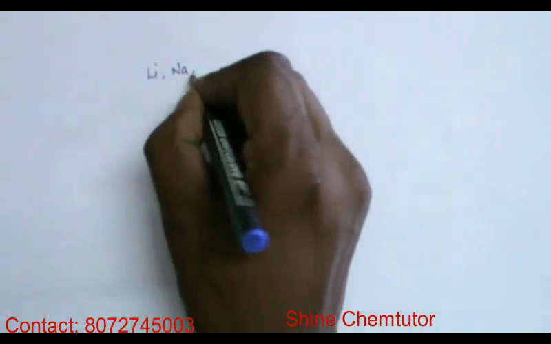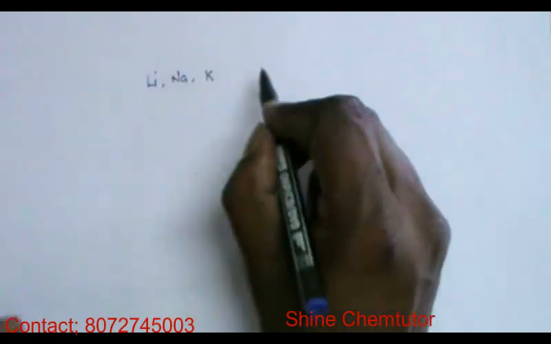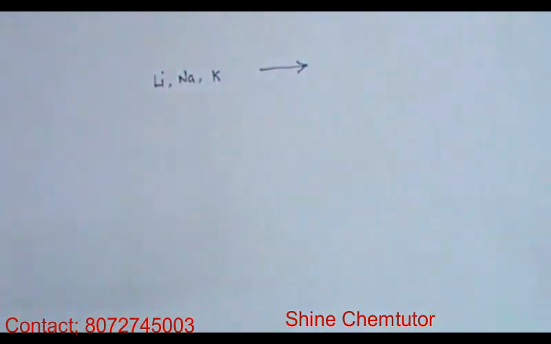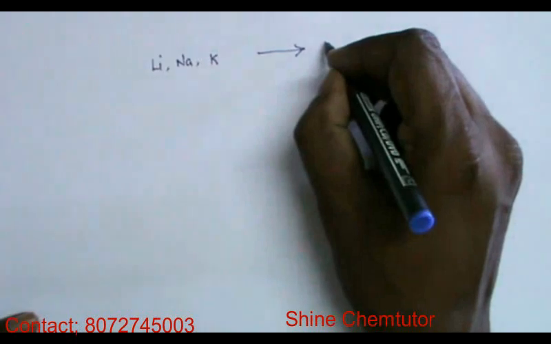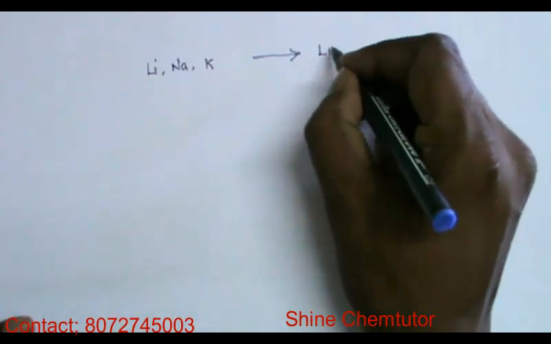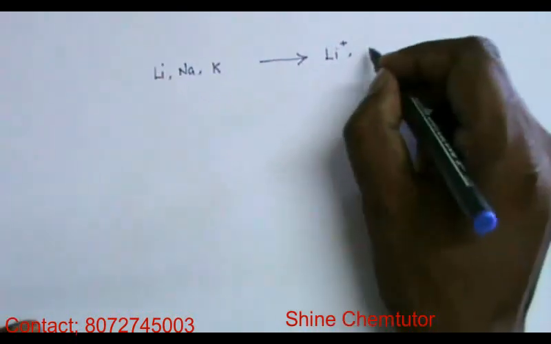Now if you go for alkali metals like lithium, sodium, potassium, they will not exist as such even for a few minutes. If you keep them open, immediately they will get converted into lithium hydroxide, sodium hydroxide, potassium hydroxide, like that.